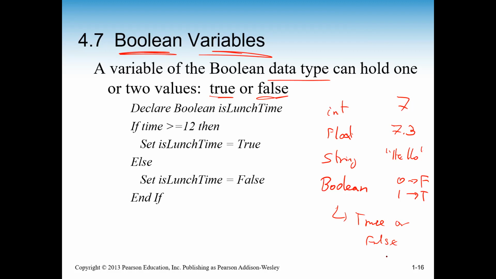So at the computer level, it might be something very simple like this. The interpreter or the editor that you're using for programming will translate that into the keywords. Of course, when you are writing programs, do not use variables named with the words true or false, because those are obviously reserved keywords. So a variable of the Boolean data type can hold one of two values, either true or false.